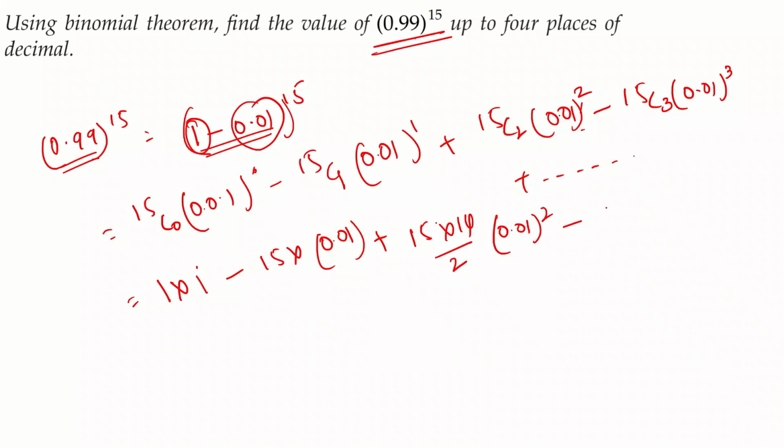Minus 15C3, which is 15 into 14 into 13 by 3 factorial, that is 6, into (0.01)³. I omit the rest of the terms because they are extremely small: (0.01)^4 is 0.00000001. They will not add anything more, because we only have to find the value up to 4 decimal places.